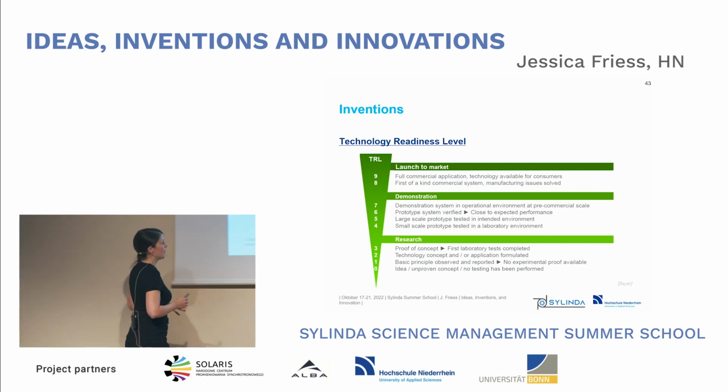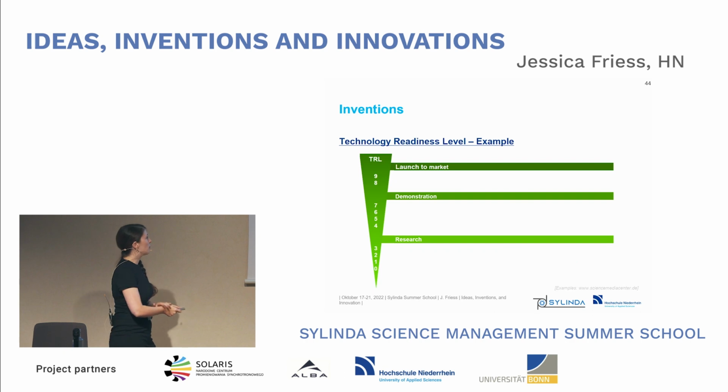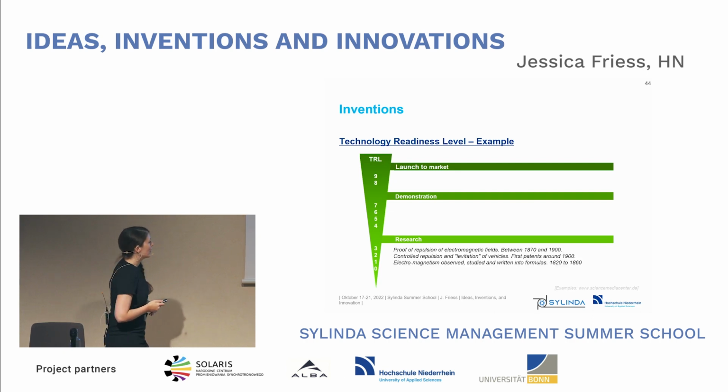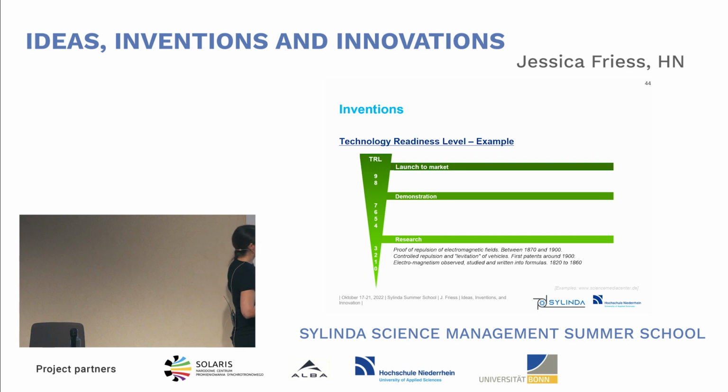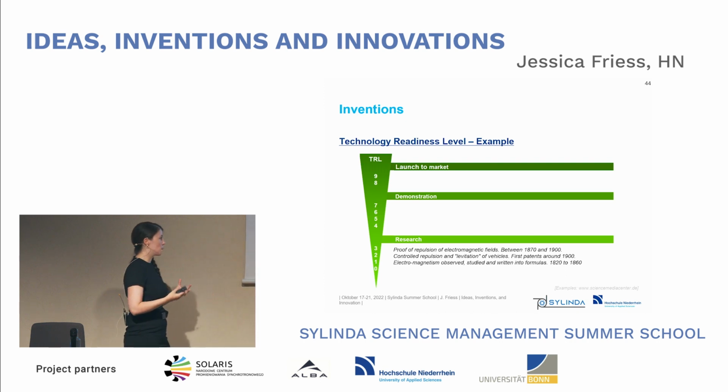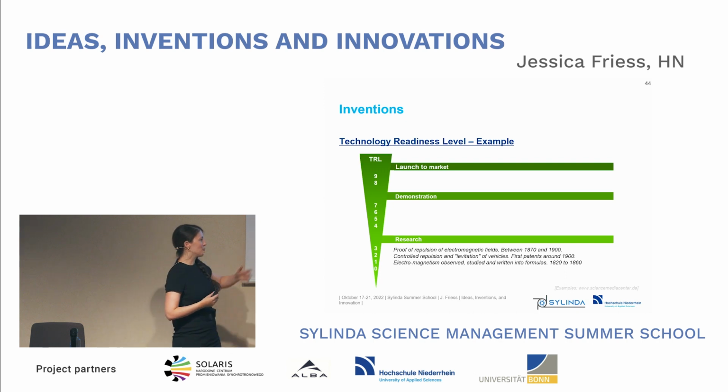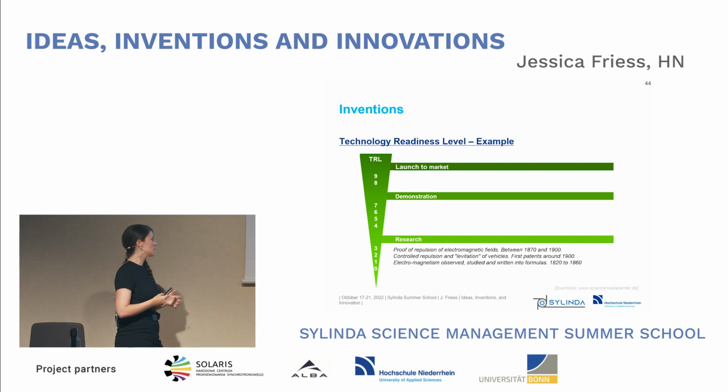And because the scale is a little bit abstract, sometimes it's easy to find some examples. I have an example for the development of a technique, which is the Transrapid. You can see that the first research for that was electromagnetism observed, studied and written into formulas, in the 1900s.